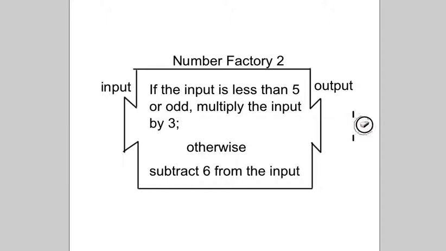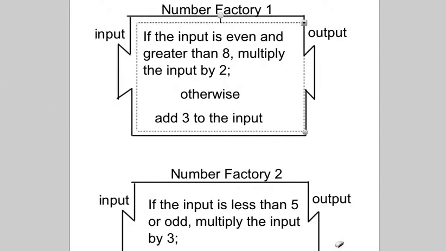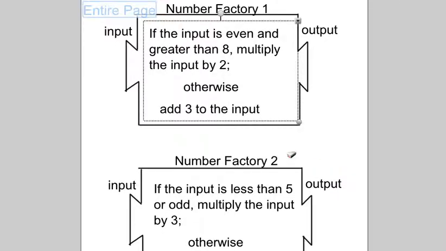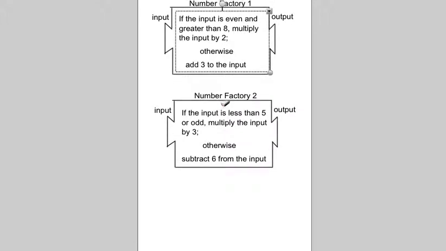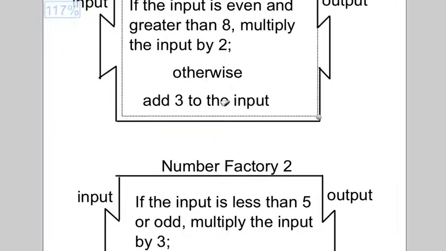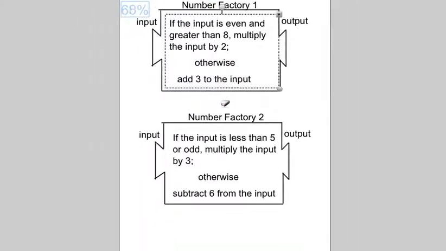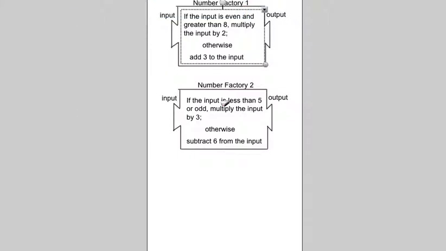Now, I'm guessing these are relatively simple, but now what we can do is put two of these together. For instance, if I have number factory 1, oops, I'm trying to just resize it here, so just bear with me for a moment. Okay.